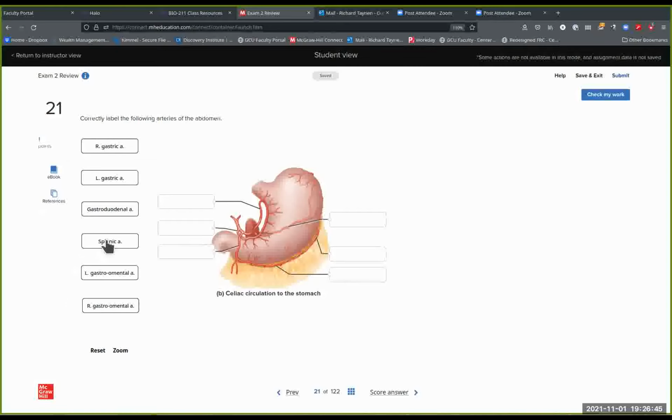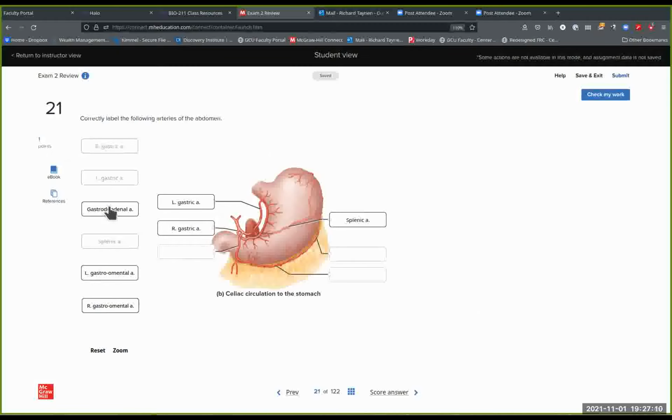And left or right gastric. No, left gastric. And so that would make this the right gastric.